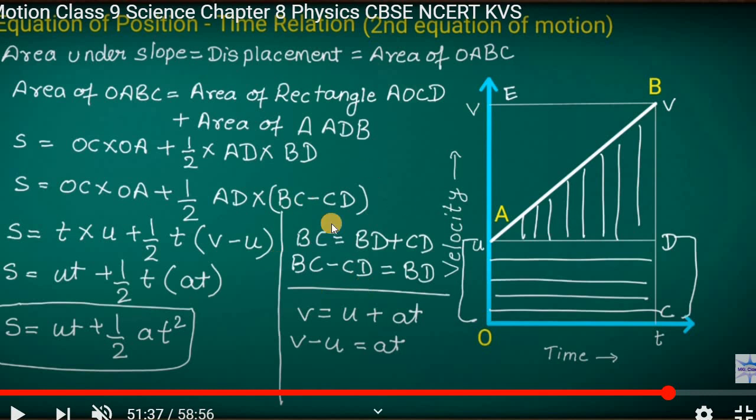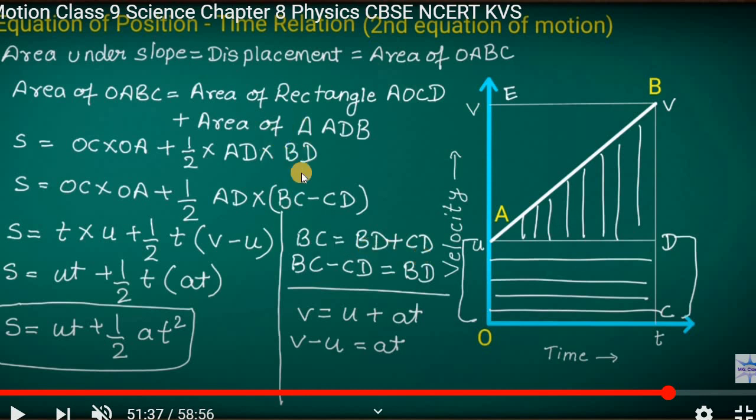As we used this formula in the first equation as well, we are repeating these things in this equation. Here, how do we get BD? As we know, this total segment is made up of BC, so we can write that BC is equal to BD plus CD.